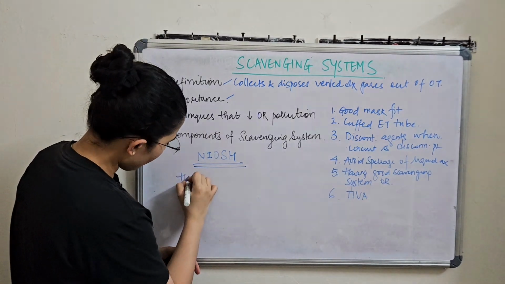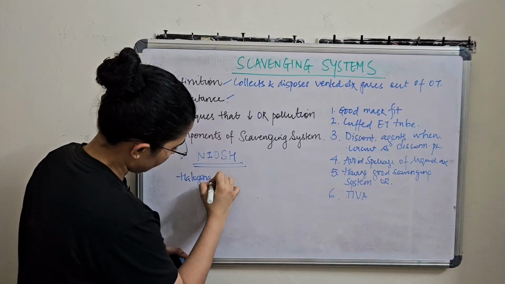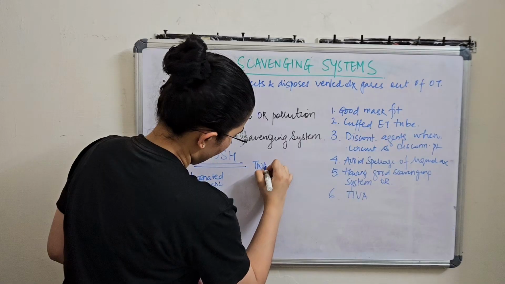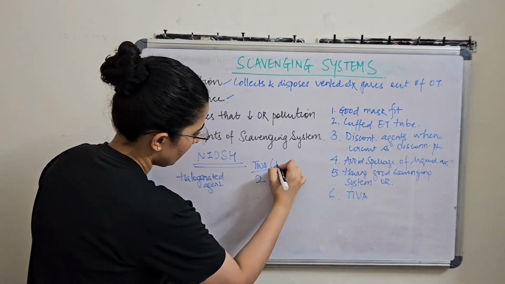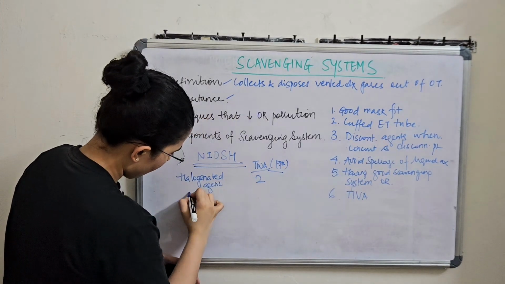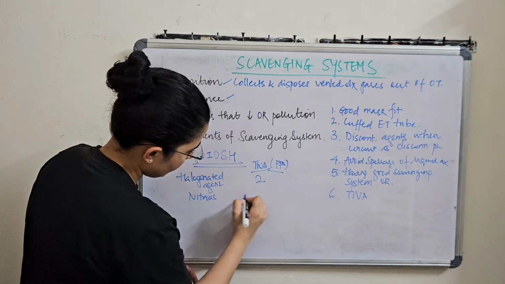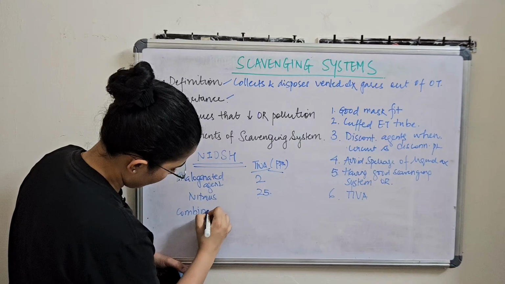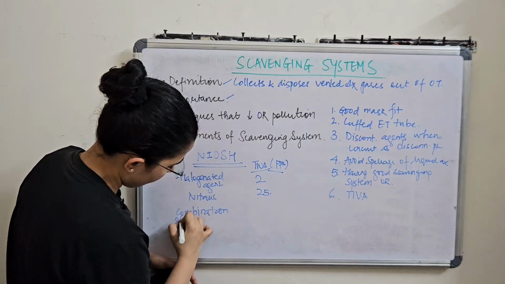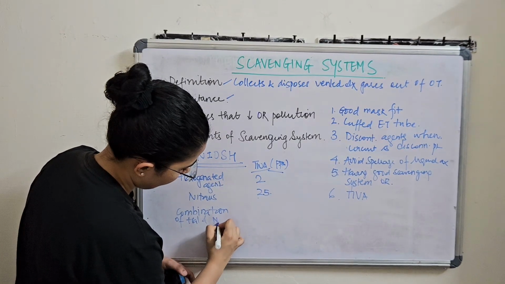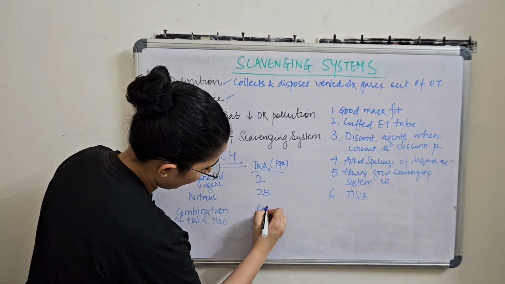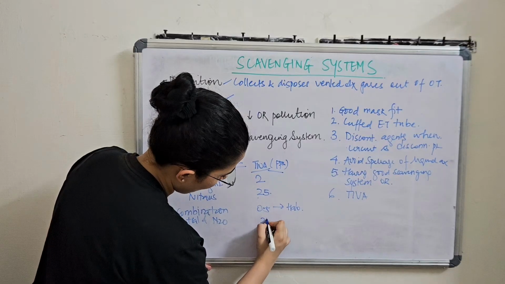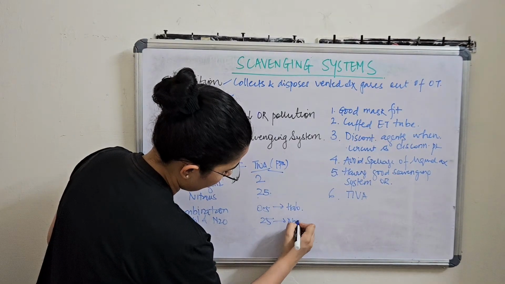If you are using only halogenated agents, the time weighted average value will be 2 parts per million. If you are using nitrous, it is 25. If you are using a combination of halogenated agents and nitrous, it is 0.5 for the halogenated agents and 25 for the nitrous.